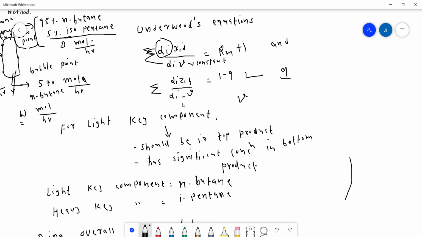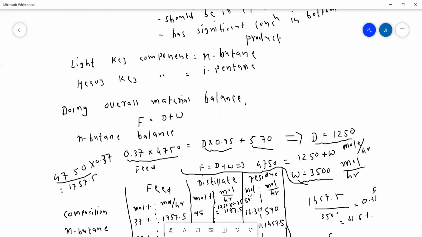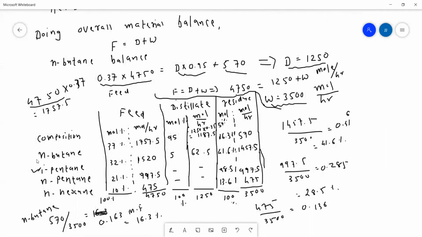Now we will determine this alpha I. So I am making a table the same as this, with composition and flow rate.